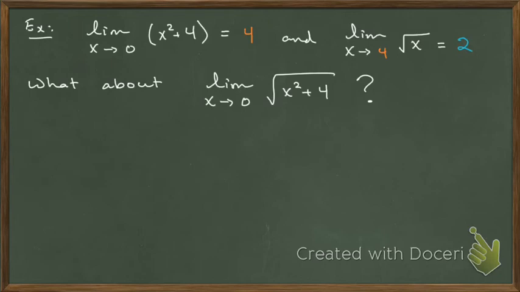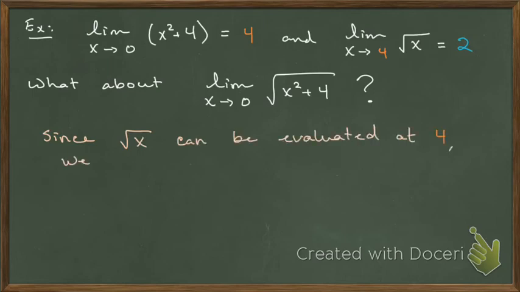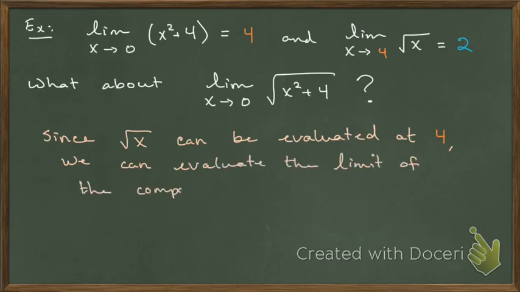What I've got is called a composition. Okay? So what we say is, since square root of x can be evaluated at 4, we can evaluate this composition. Basically, all we need to be worried about is that when I evaluate a function inside another function, I'm not violating any domain issues.